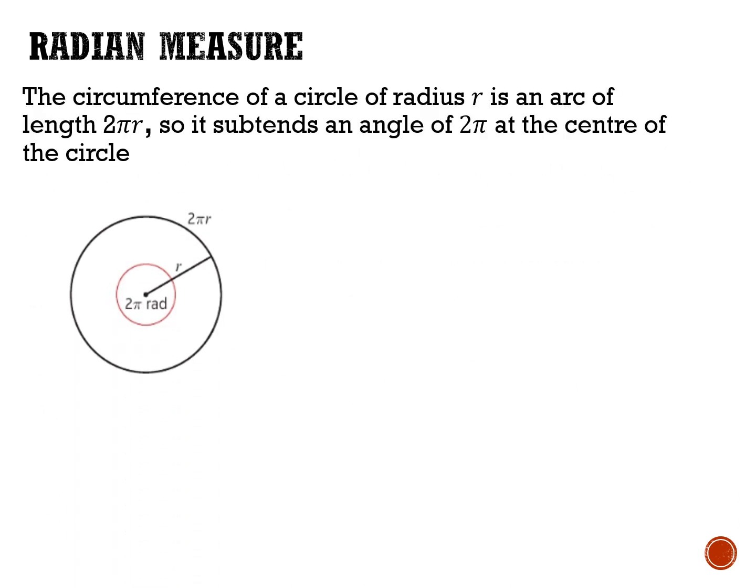So we need somehow to link a radian with degrees so that we can convert between them. If we remember what we said before, if I make the angle at the centre of the little sector go all the way round, then the angle would be 2 pi, because the whole circumference of my circle is an arc of length 2 pi r.